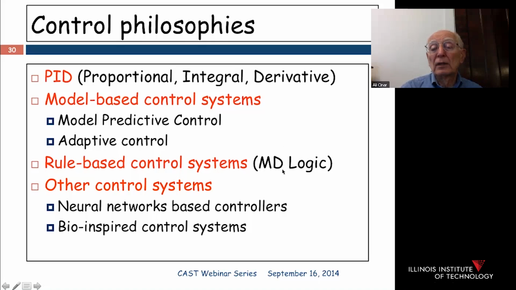MD logic is the most popular one, and it is the combination of some fuzzy logic and rule-based, knowledge-based systems to make decisions that mimic what a medical doctor would do in evaluating the conditions of a patient and prescribing the appropriate dose of insulin to be infused. And then there are some other control systems, including neural networks, bio-inspired control systems that have been presented in various meetings.